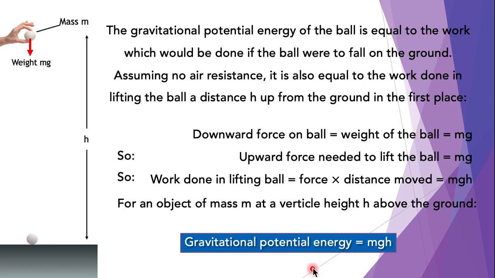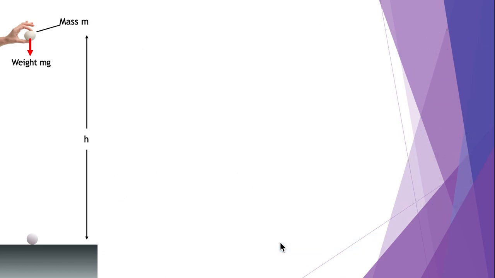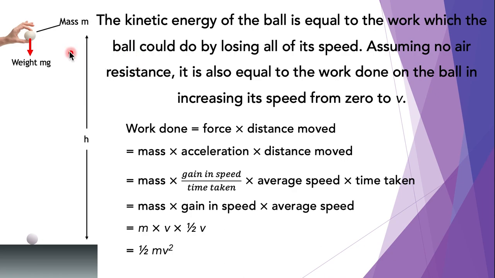Pretty simple, right? Now we're going to understand how we can calculate kinetic energy. The kinetic energy of the ball is equal to the work which the ball could do by losing all of its speed. Assuming no air resistance, it is also equal to the work done on the ball in increasing its speed from 0 to a different speed, which we can call v. Work done is equal to force into distance moved, which is mass into acceleration into distance moved.